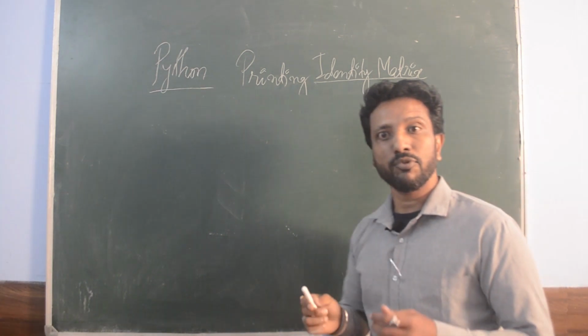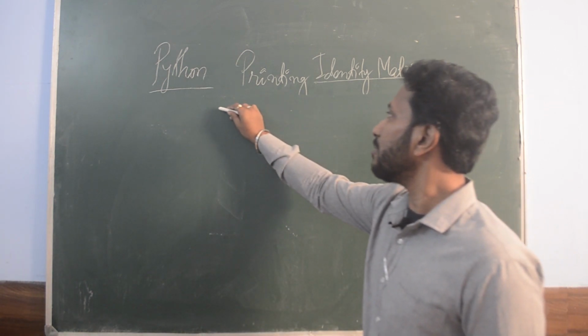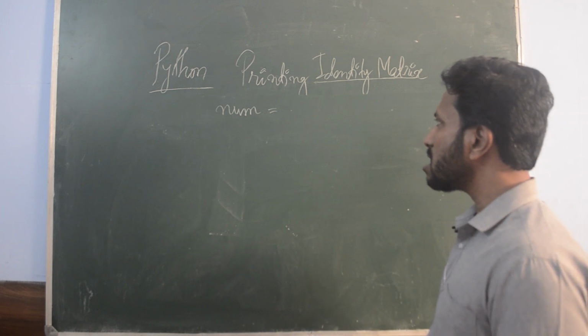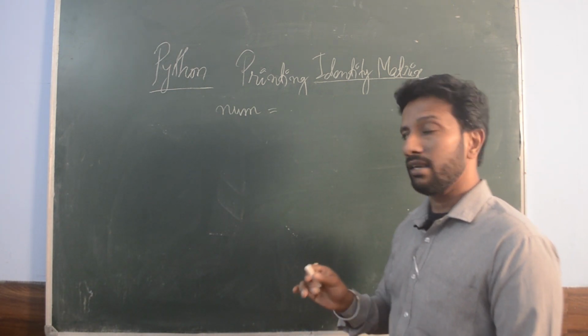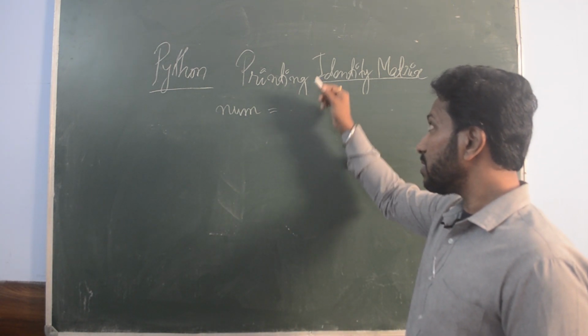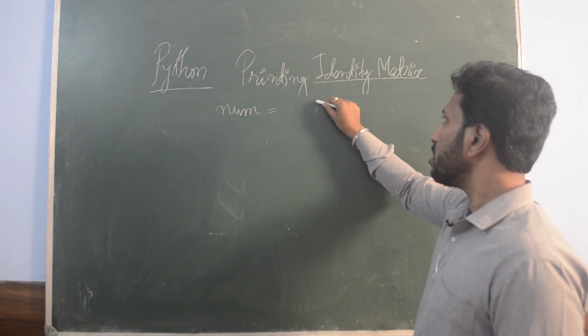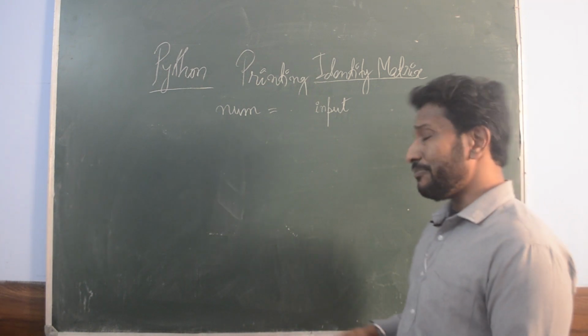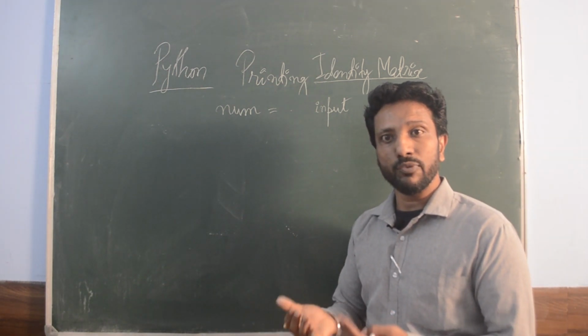So first of all, we have to take user input. For that, I will take a variable num is equal to, and we also know that in case of the input statement, the input is always implicitly converted by Python into a string.